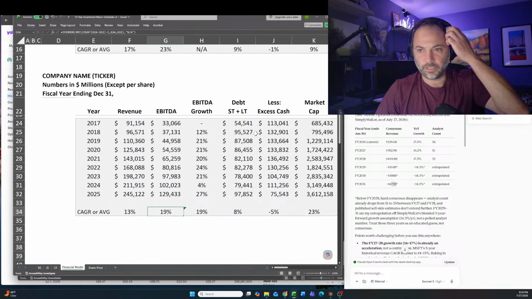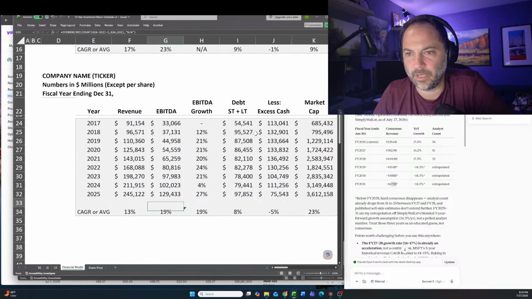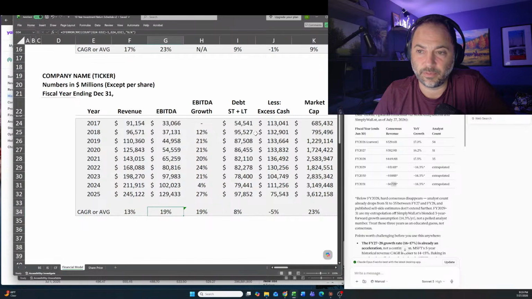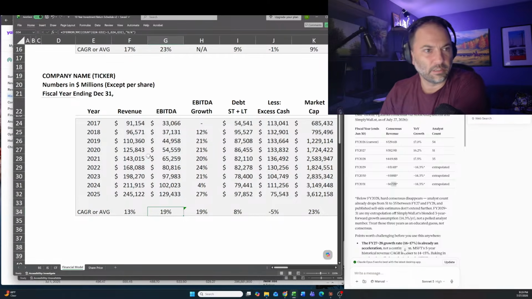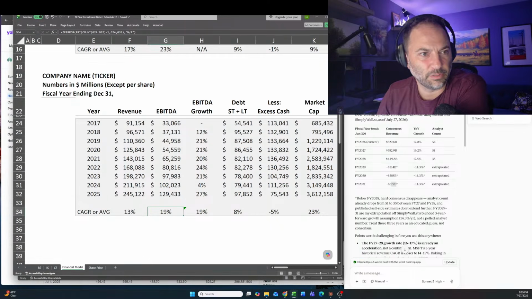Again, just to recap what we did here, revenue is growing at 13% annually. So 15% in earnings might be a little strong, but earnings have been growing at 19% historically. So I'm not sure what the difference would be.